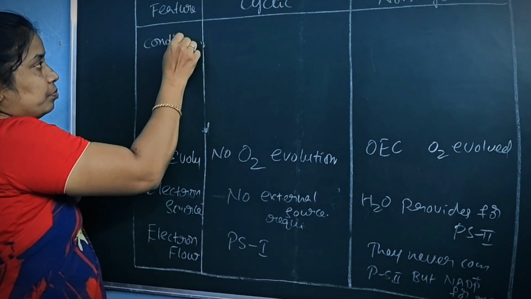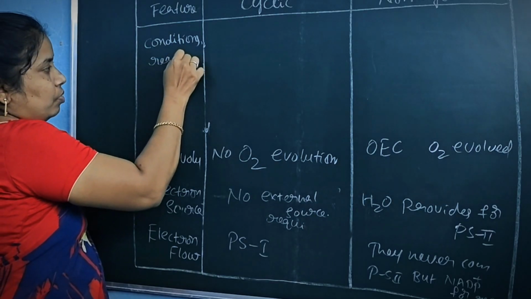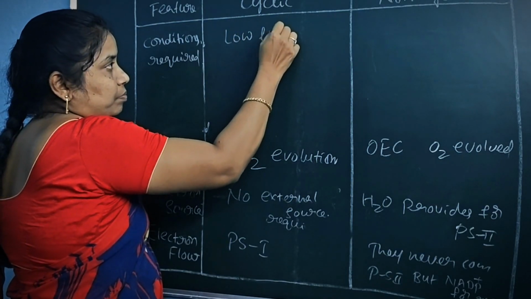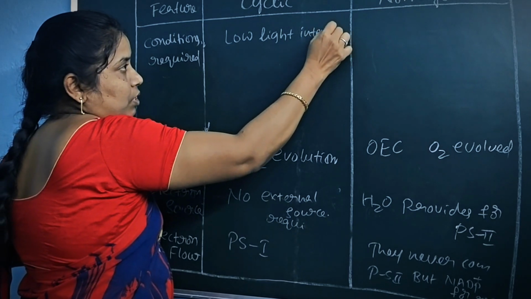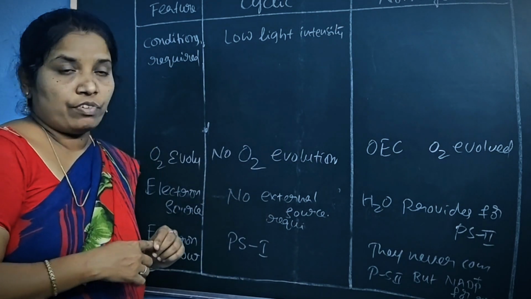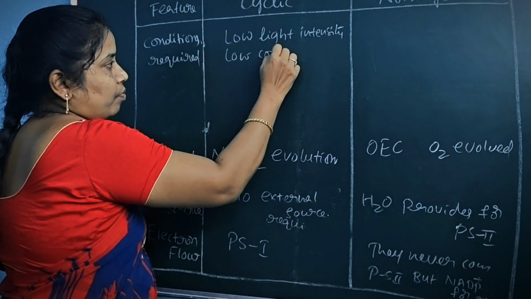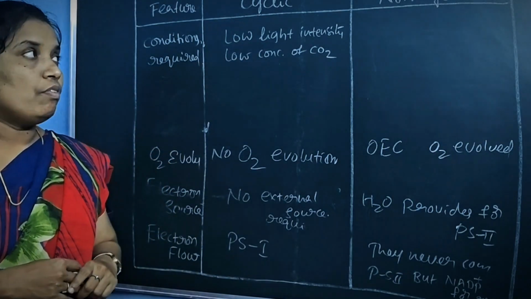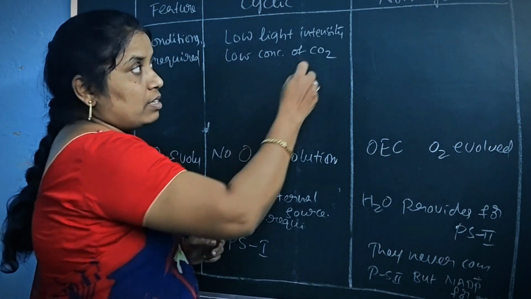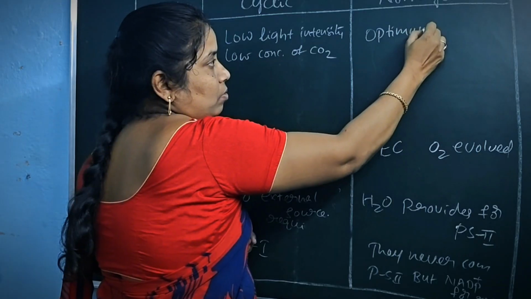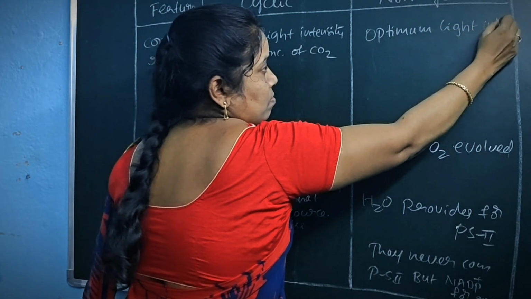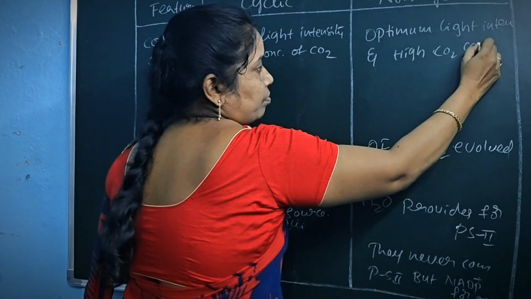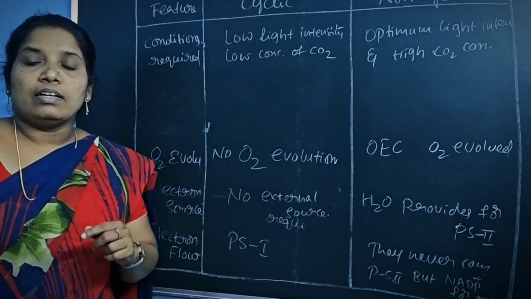For the cyclic electron transport chain, low light intensity and low concentration of CO2 are required. Whereas the non-cyclic electron transport chain requires optimum light intensity and high CO2 concentration. Okay, so let's see the next difference.